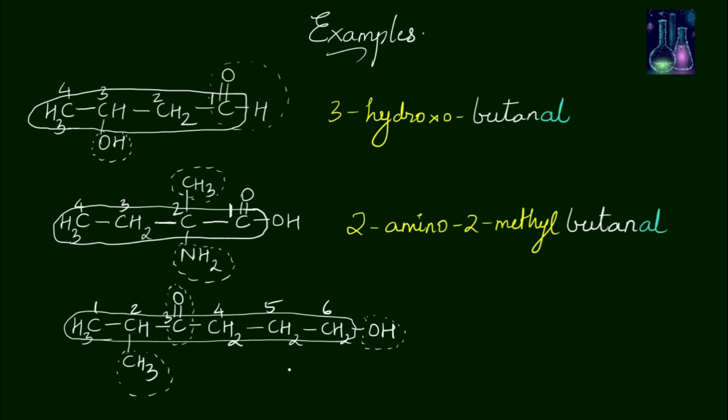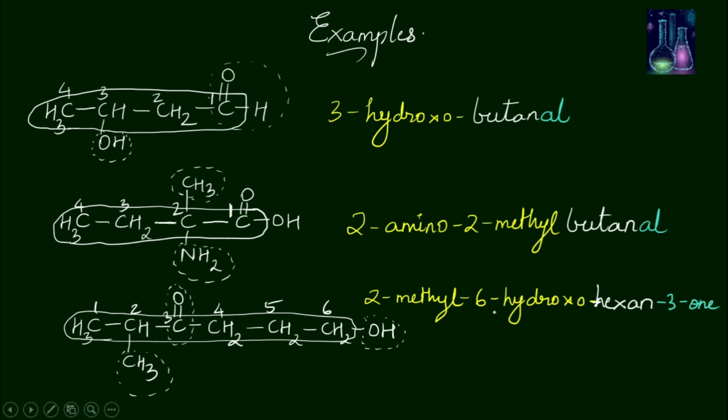Therefore, the name of the molecule is 2-methyl 6-hydroxy hex, A, but the E is replaced by one and it's on the third carbon, therefore 3-one. So the name of the molecule is 2-methyl 6-hydroxy hexan-3-one.